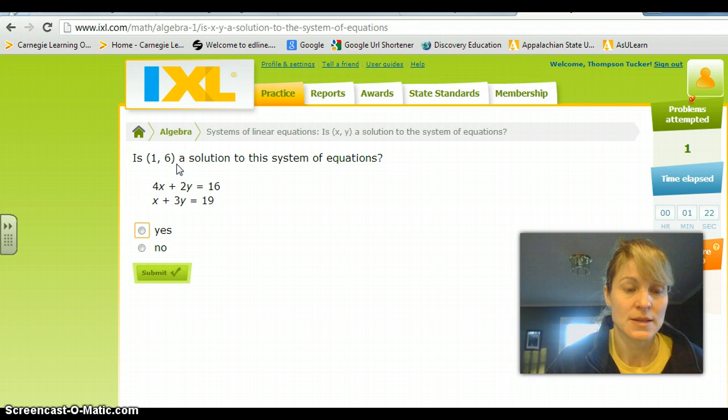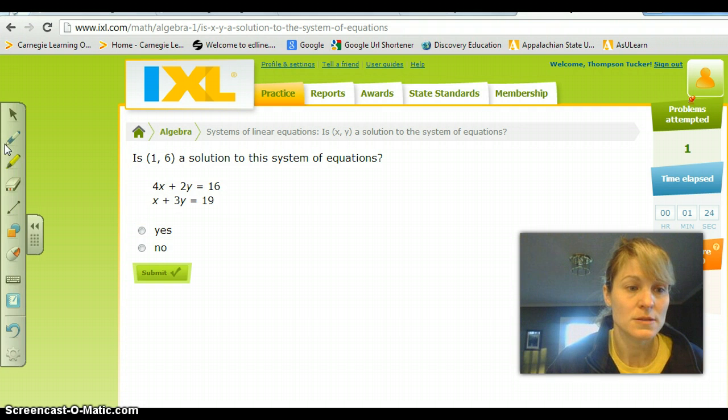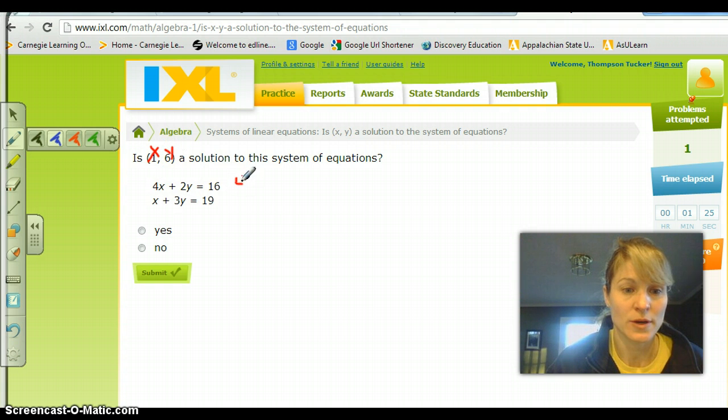This is my x and this is my y. So I'm going to label these and plug them in. For this one, it's 4. My x is 1, so I plug in 1 here, plus 2, and 6 is my y, and that's going to equal 16.